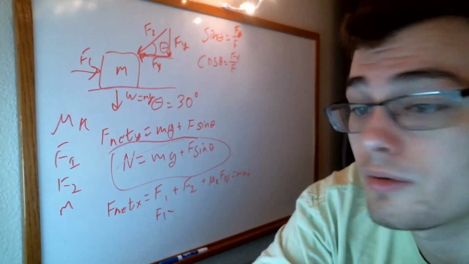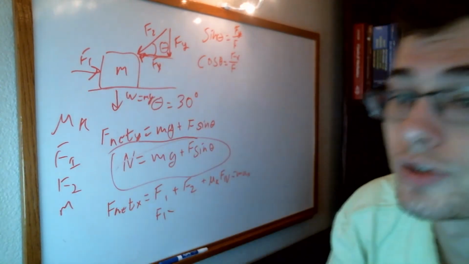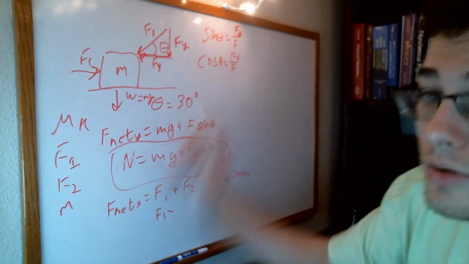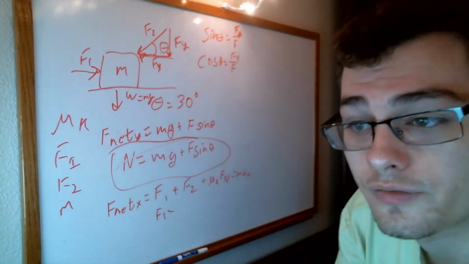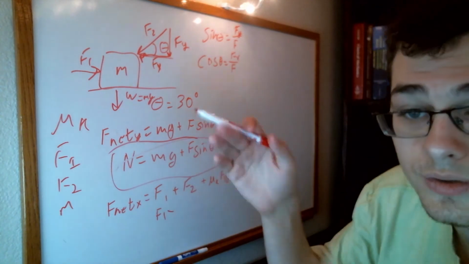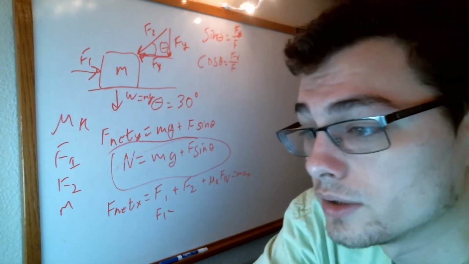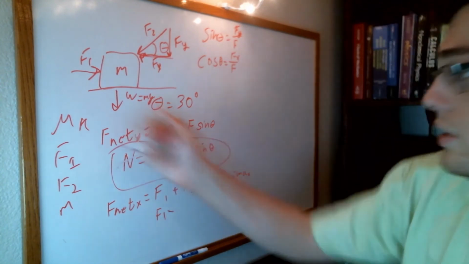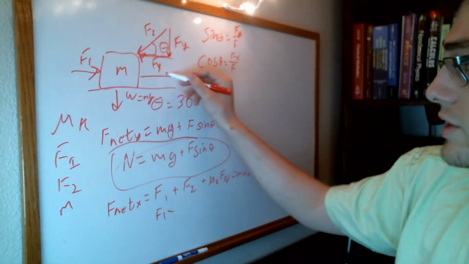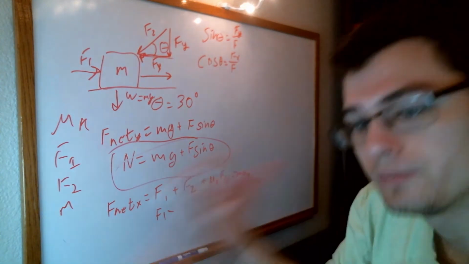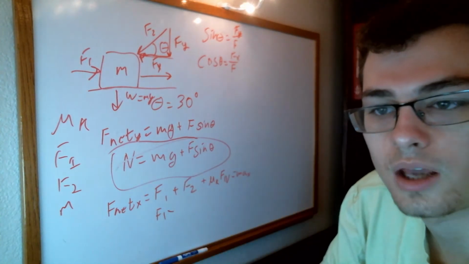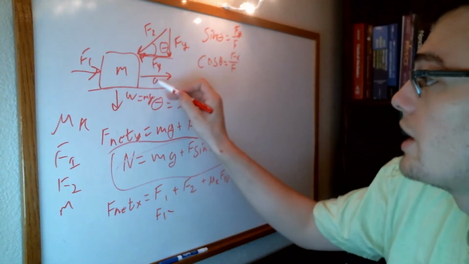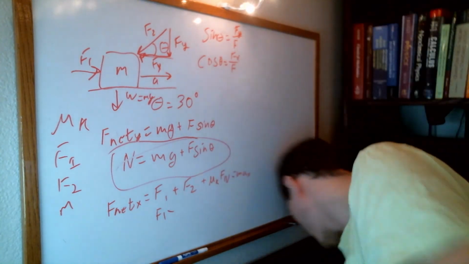In my problem, I'm given that F1 is far larger than F2, so any value of cosine theta is not going to make F2 larger than F1. So there's no fussing about here. We know that F1 is going to be greater than F2, so we know the block is going to move in that direction just by analysis. So we know that ax is going to be in that direction.